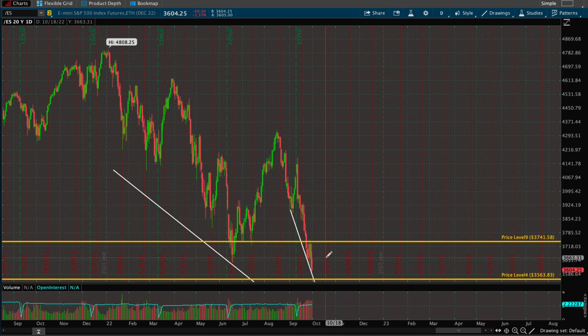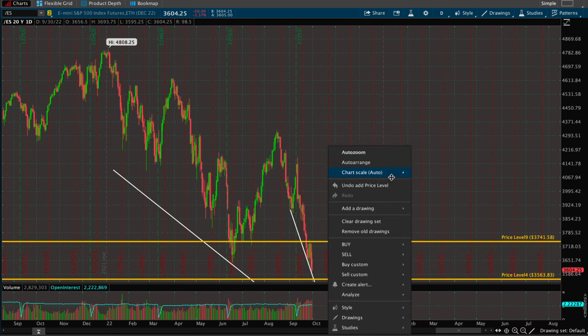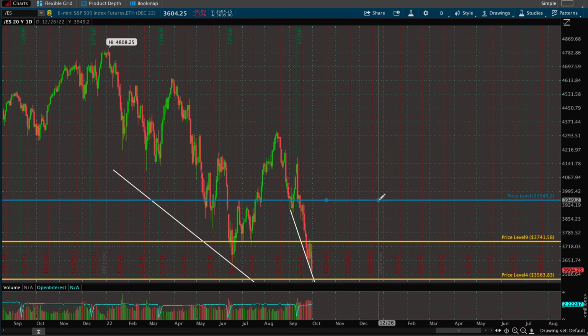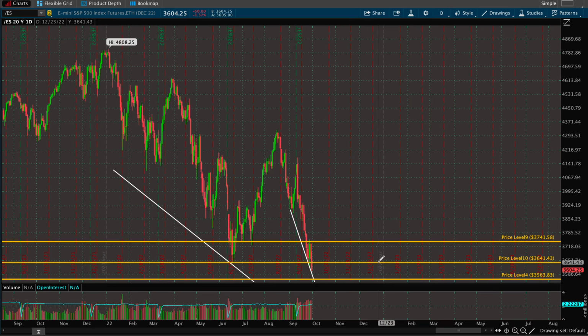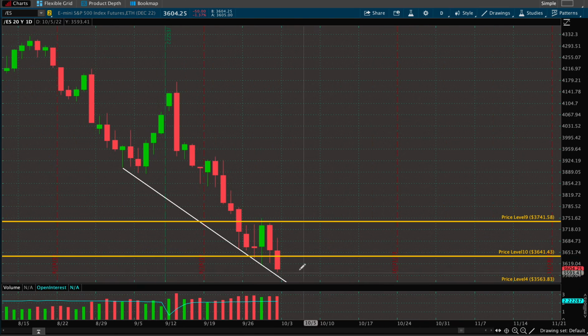Another level that I can see here is right there, that is 36.37, so let's add that. Those are some resistance areas, but it's a very weak resistance. It's just pretty much sold off through that resistance. And definitely this area of 37.30 is a good area.